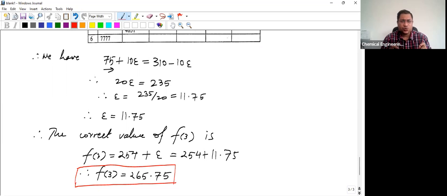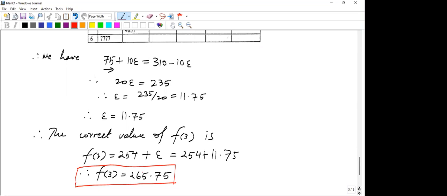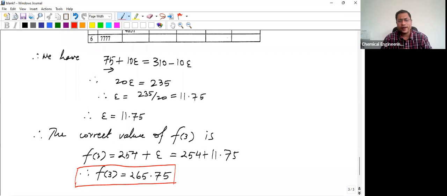Once we know these two terms are equal, we can find the value of epsilon. Once we know epsilon, we are able to correct the given value with the error.